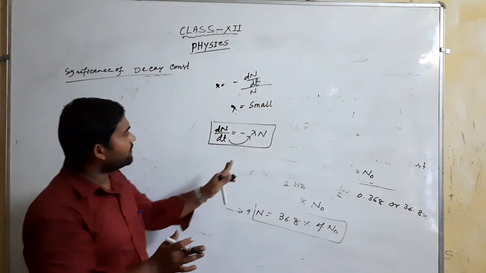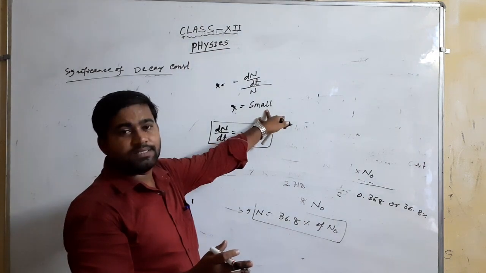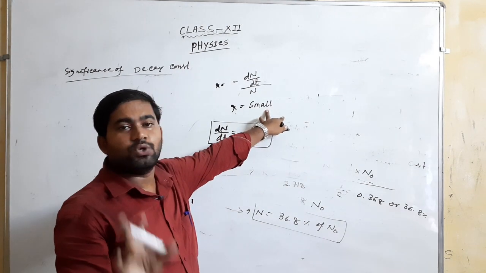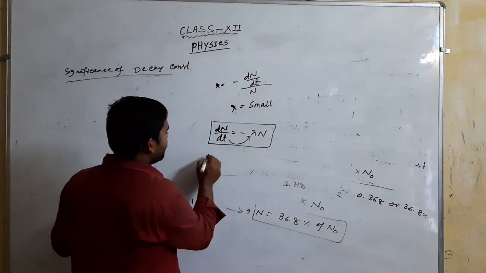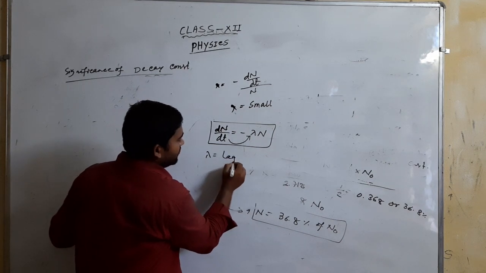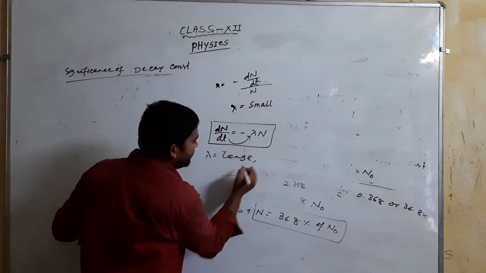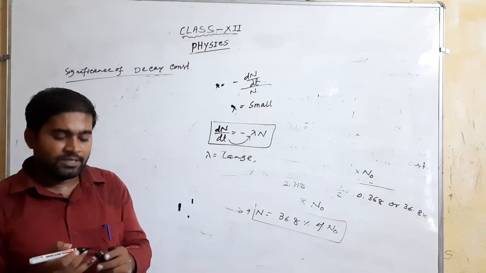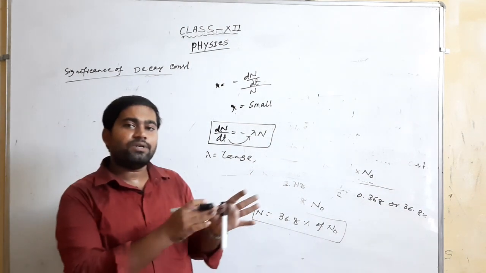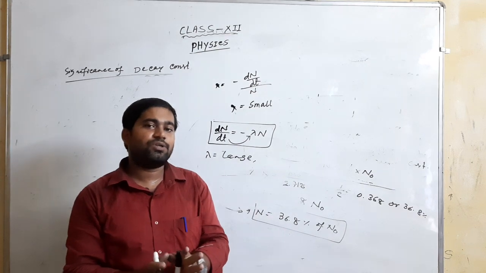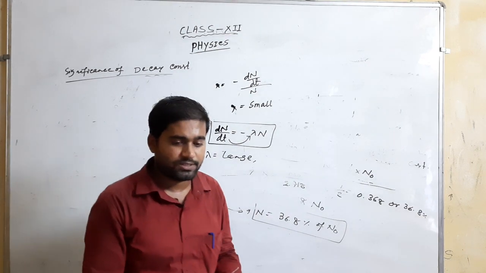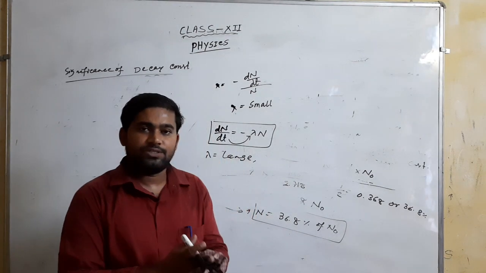If the decay constant is small, the rate of decay will be slow, and if the decay constant is large, then the decay will take place very fast, or the rate of disintegration will be very fast.